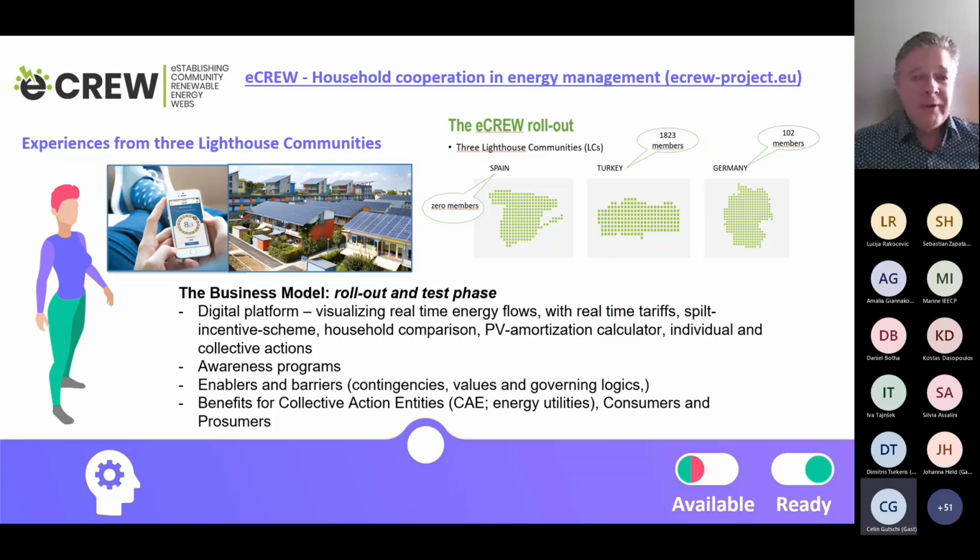Enablers, for example, are shared sustainability values, which is, I think, one of the top enablers, which means that if an energy utility, energy retailer, also thinks we need to go towards sustainability, we need to enforce this energy transition and empower consumers and prosumers, this shared value with the consumer and prosumer helps, of course, to establish such a business model.